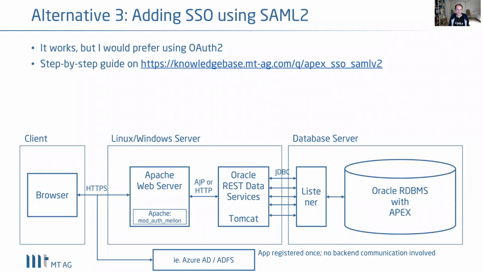And for that reason, also no back-end communication is needed between the Apex environment and Azure AD. So it has certain advantages, but as said, I would definitely say that OAuth2 is the way to go in most cases.